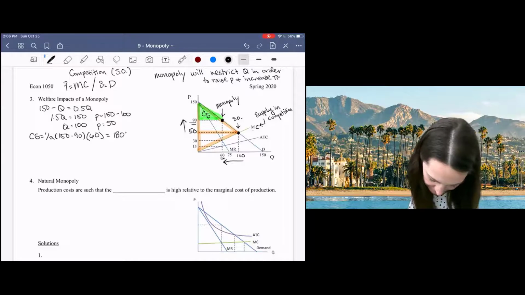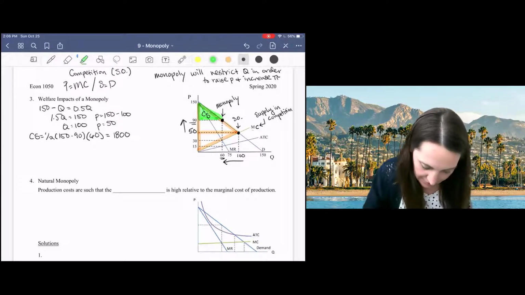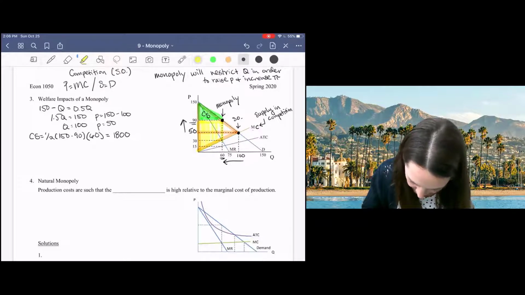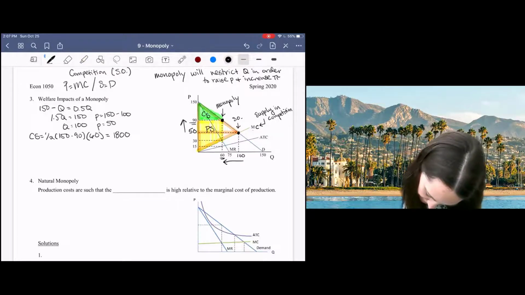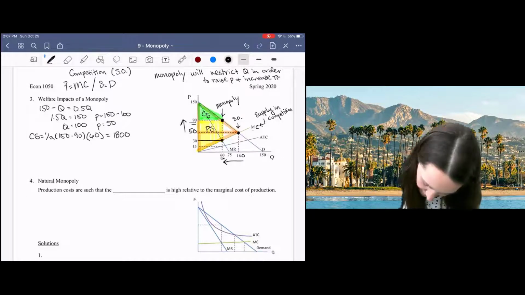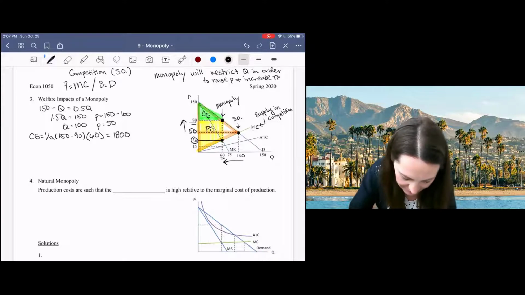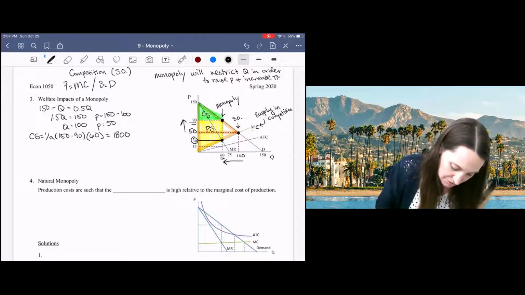Which is 1,800. Our producer surplus is the area below the price and above the supply curve, or above the marginal cost curve, which works out to be this area here. It's not a triangle, but we can divide it here. And we'd find this number by plugging 60 either into our marginal revenue or marginal cost curve.